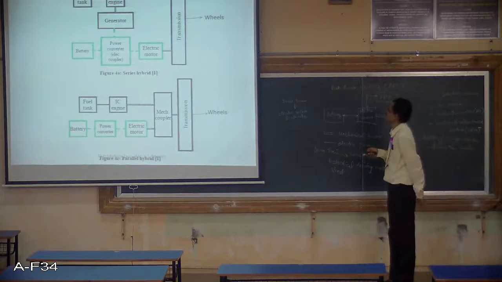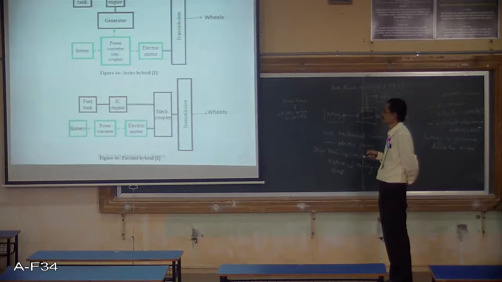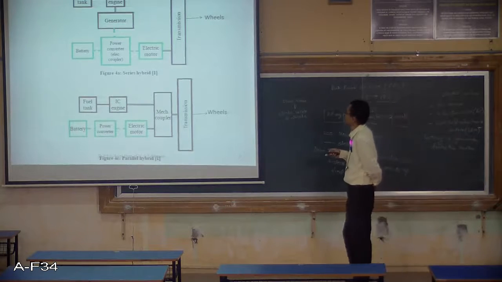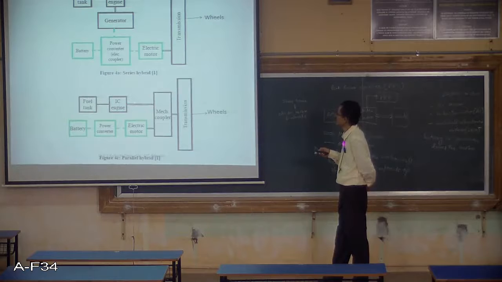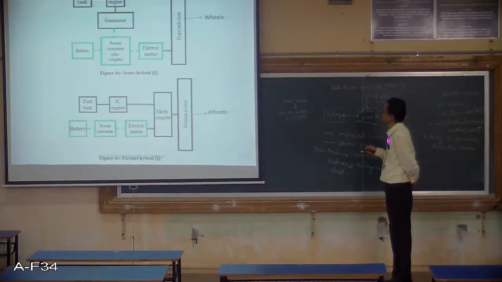So here in the parallel hybrid, you can see what happens is fuel tank, IC engine, these components are same, but the connections are different. Now here this is a mechanical power drivetrain, here it is also mechanical power, here also mechanical power. So here you can see there is one additional component required, which is mechanical coupler.